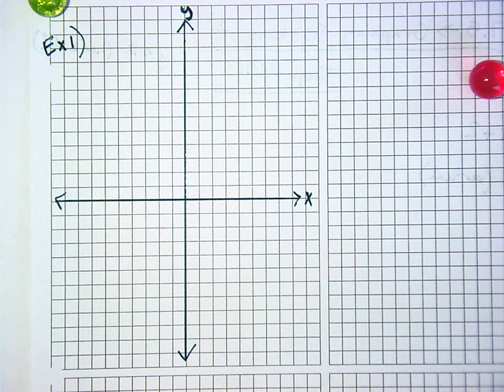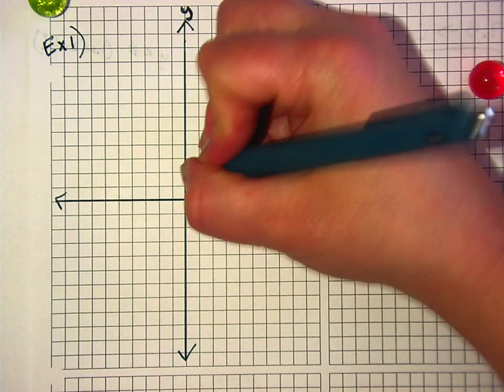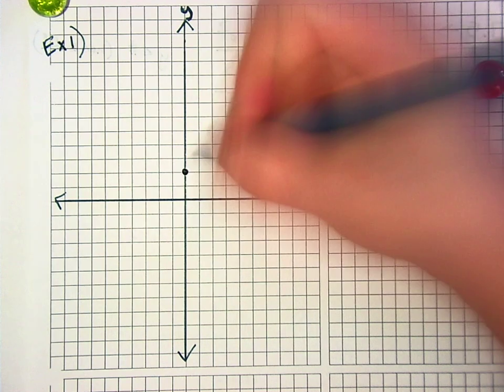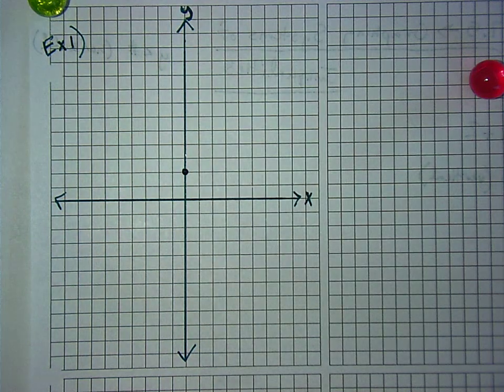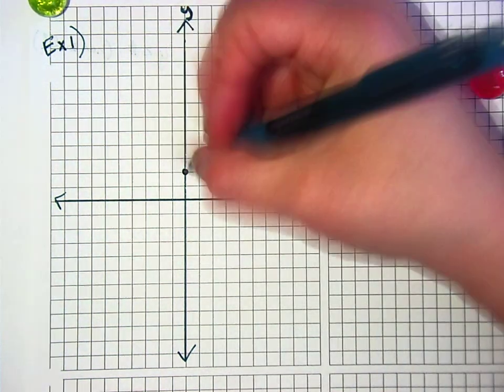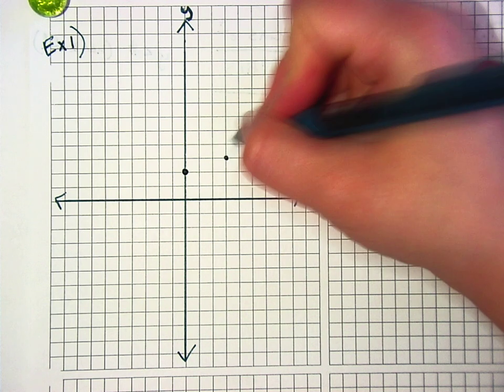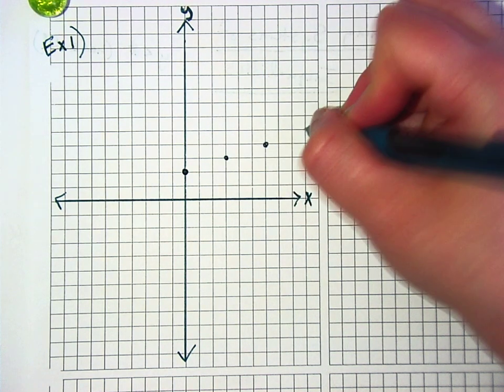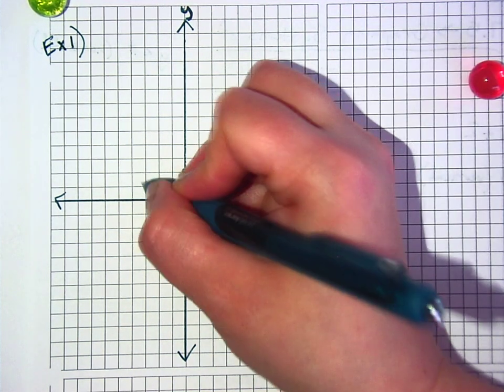So I believe the line had an intercept of 2, correct? So I'm going to start at 2. And then what was that slope? Up 1 to the right 3, up 1 to the right 3. I'm going to go the other way a little bit too.